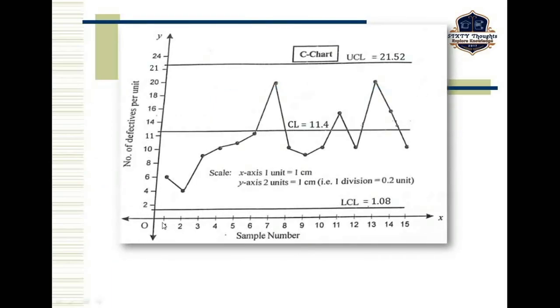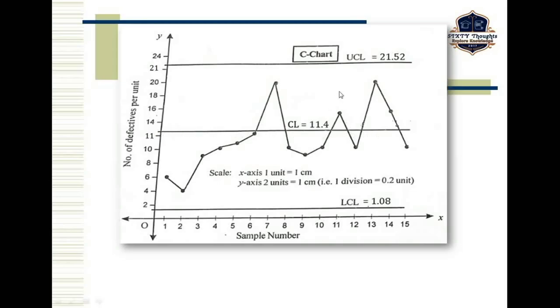So we consider the x-axis. Totally we have 15 sample values, so each unit equals 1 centimeter. On the y-axis we consider 1 centimeter equal to 2 units. First I am going to draw the horizontal central line. The central value is 11.4, so it is nearer to 11.5. This line is called the central line.